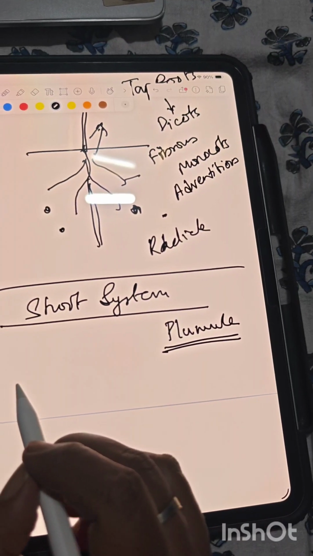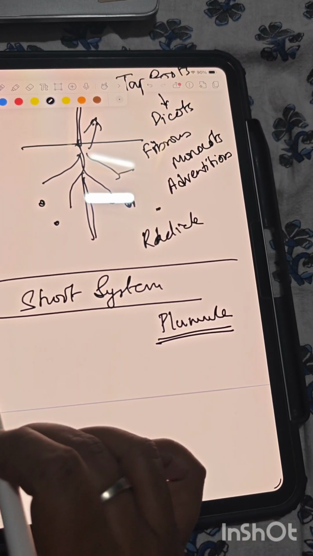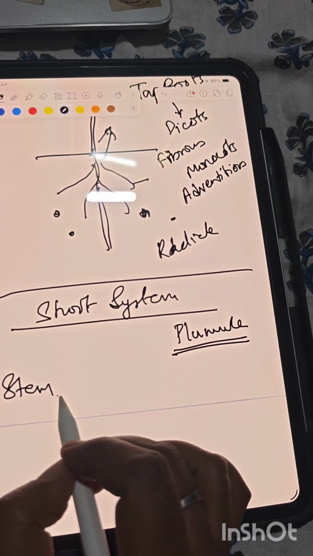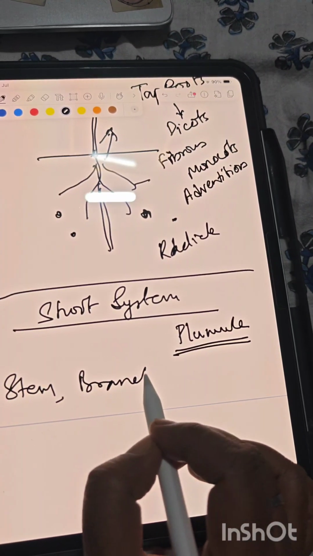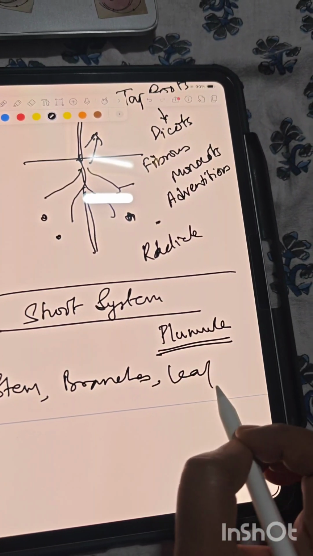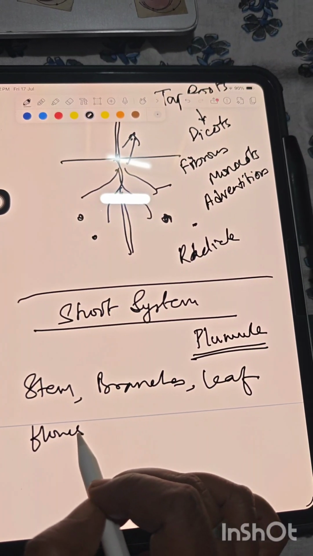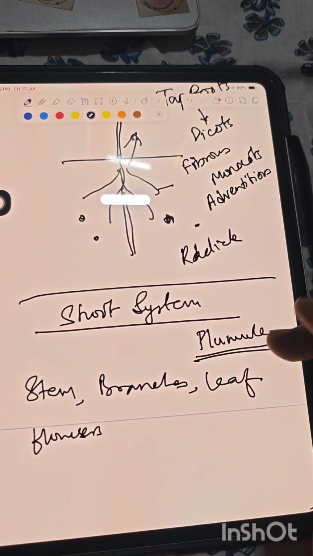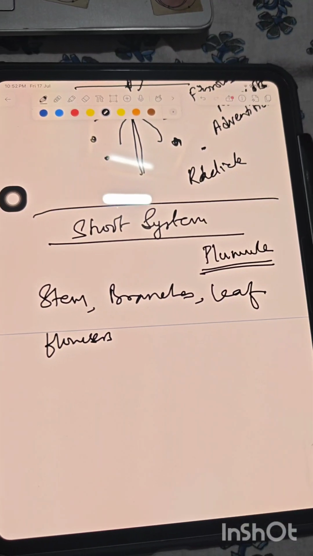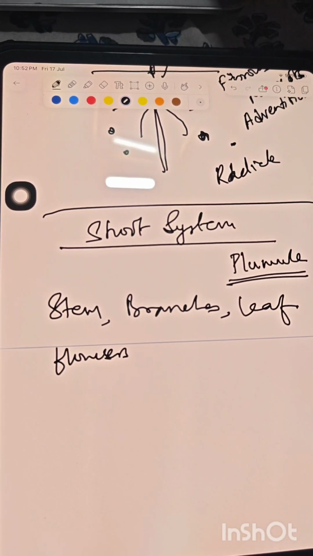It comprises stem, branches, leaves, flowers, fruits and buds. Everything above the root comes under the shoot system.